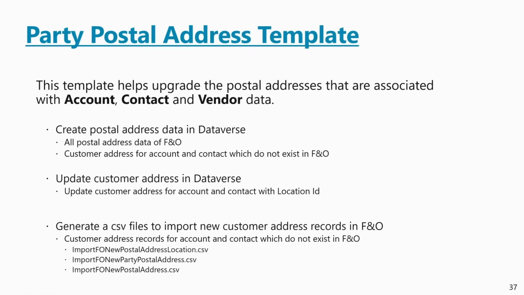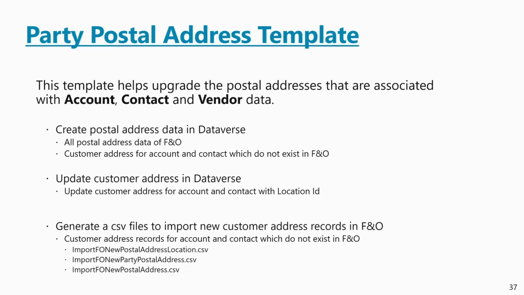The party postal address template creates all the postal addresses in Dataverse by pulling them from FNO. It also creates postal addresses for the account and contact which do not exist in FNO. Apart from creating the postal addresses in Dataverse, it also reconciles the customer addresses with postal addresses.